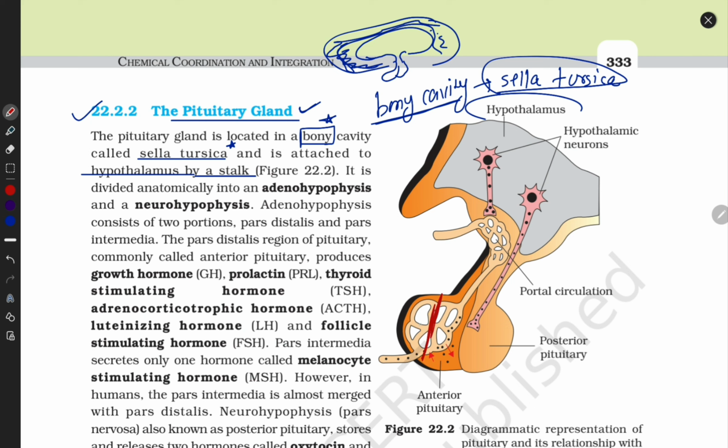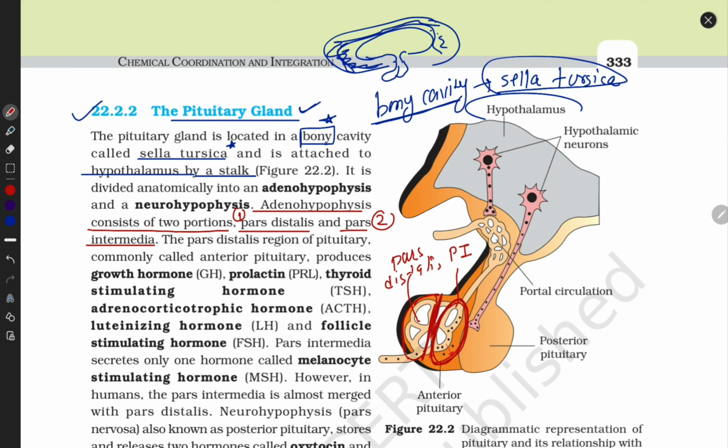This zone is called the pars distalis, and the remaining part is called the pars intermedia. The adenohypophysis consists of two portions: the first is the pars distalis and the other is the pars intermedia.